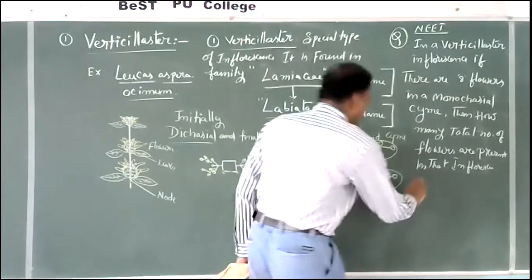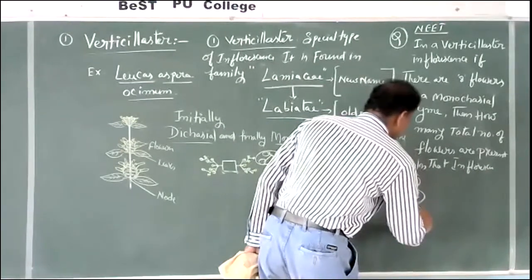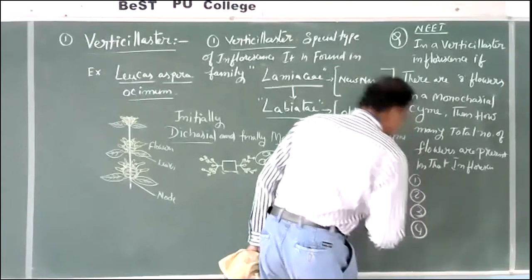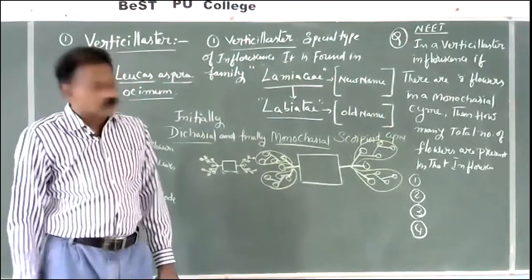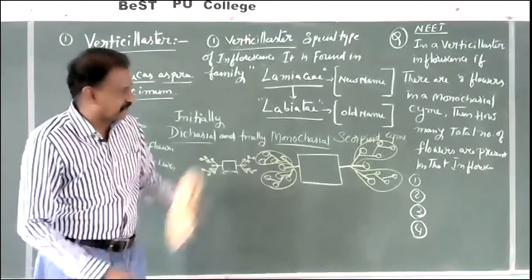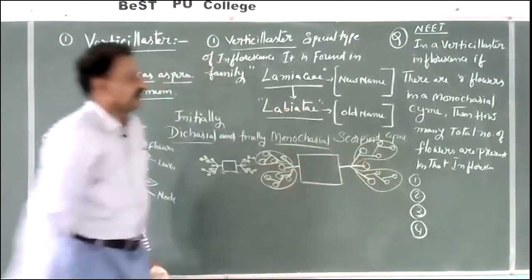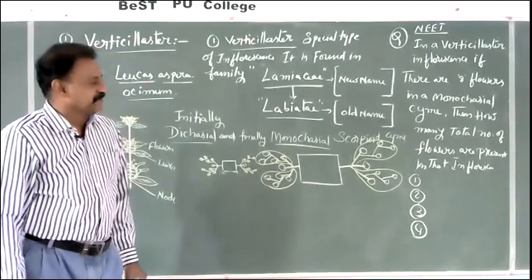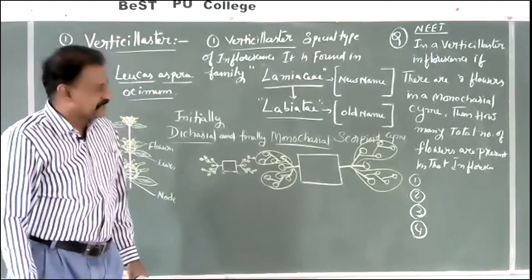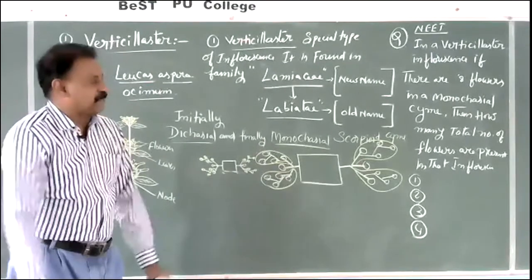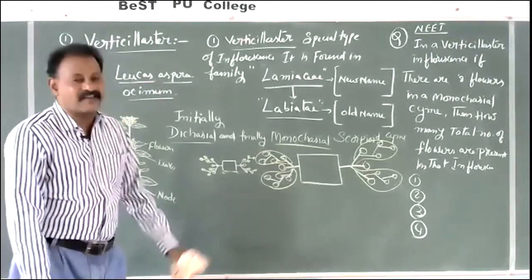They will give 4 options. And you have to identify which is correct option. Question is, in a verticillaster inflorescence like this, if there are 8 flowers in a monochasial cyme, then how many total number of flowers are present in that inflorescence?